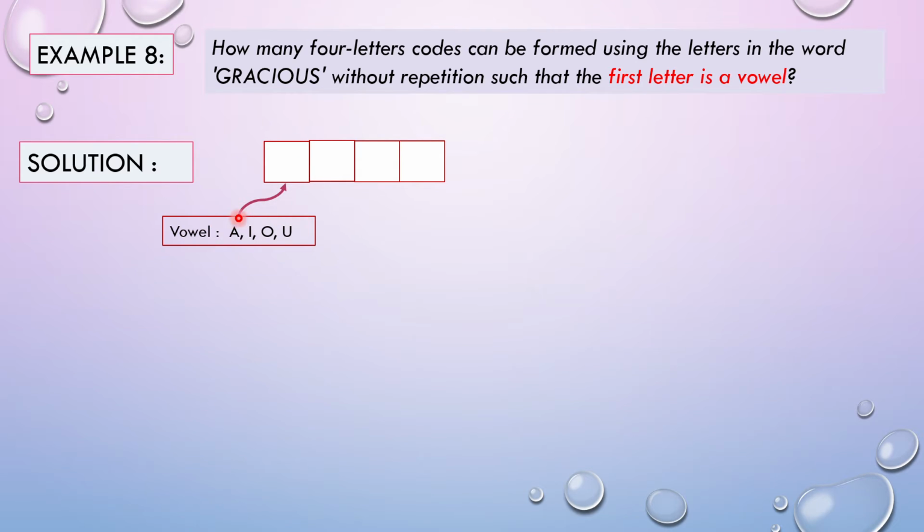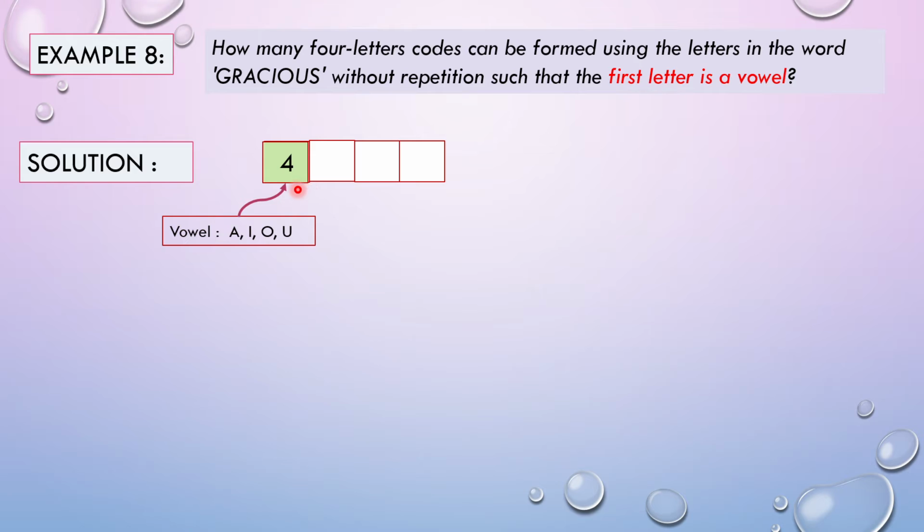We can put in the letter A, I, O, or U. From the word gracious we have A, I, O, and U to be fulfilled in the first box. Why? Because of the given condition, the first letter has to be a vowel. So we have 4 options for the first box.